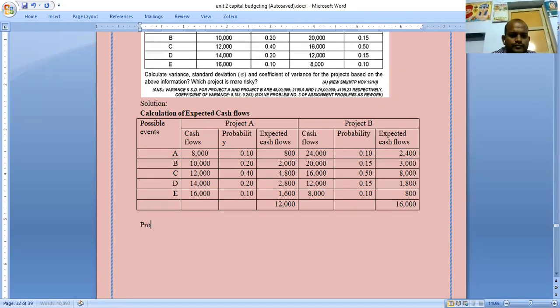Project A. Variance of possible event is equal to net cash flow minus total expected cash flows, power 2, into probability. This is the formula for the variance.